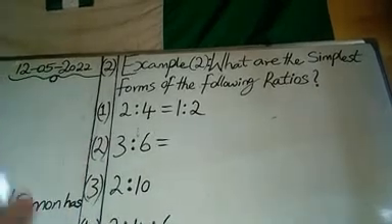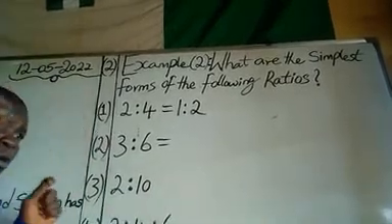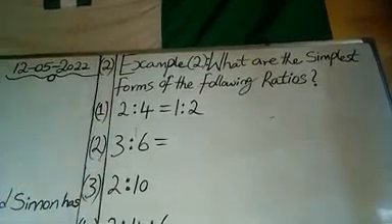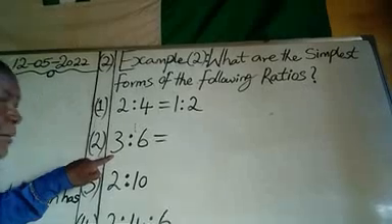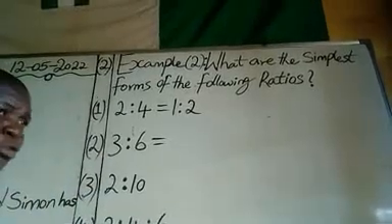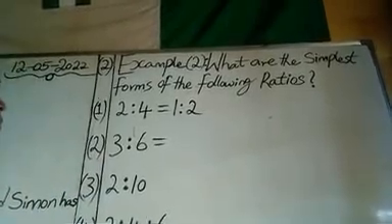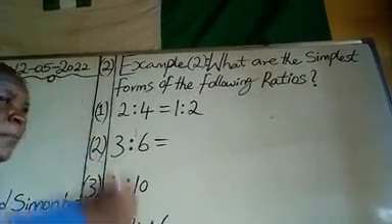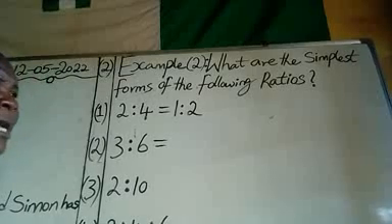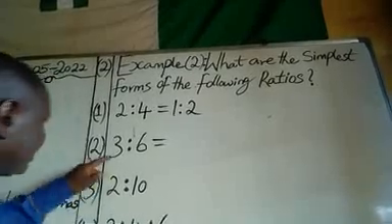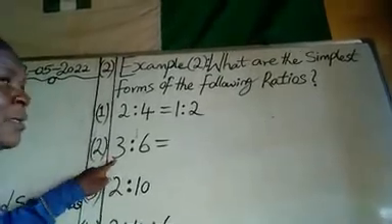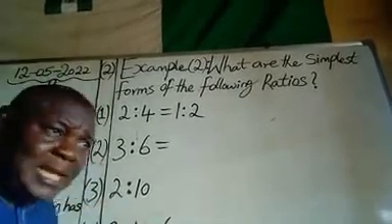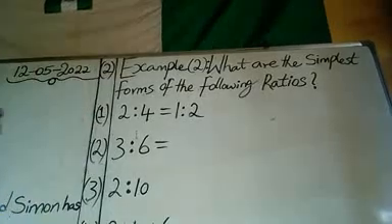I have to select a non-zero number that I can divide 3 by without a remainder, that I can also divide 6 by without a remainder. I am going to select 3.